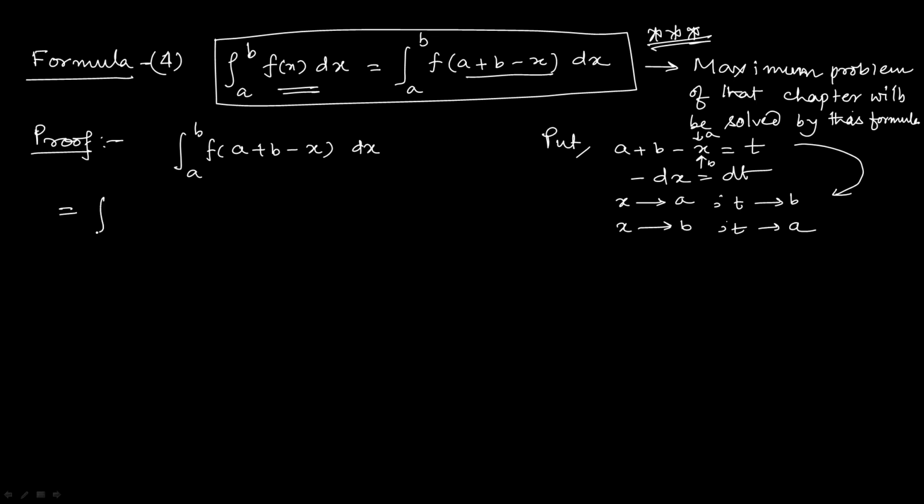So the integration has a as its upper limit and b as its lower, with dx equal to minus dt, so the minus sign is given here, and this is now f(t) dt. By the previous formula, when I interchange the limits, this minus sign will be gone, so this becomes the integration a to b f(t) dt.